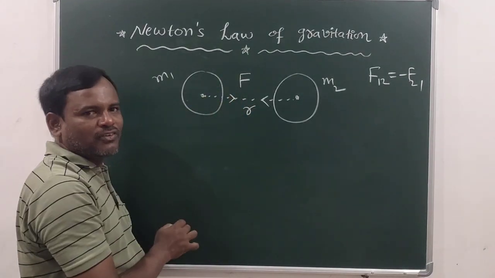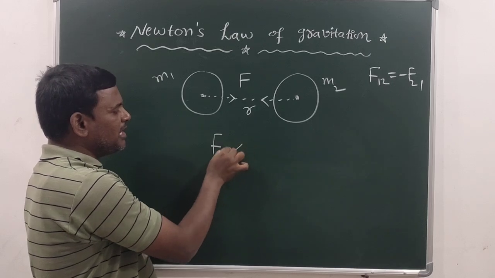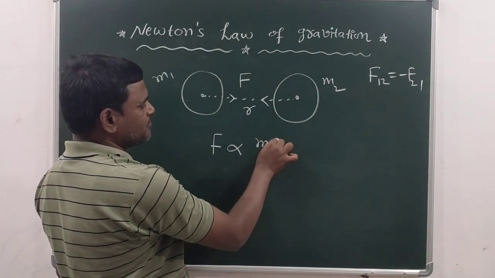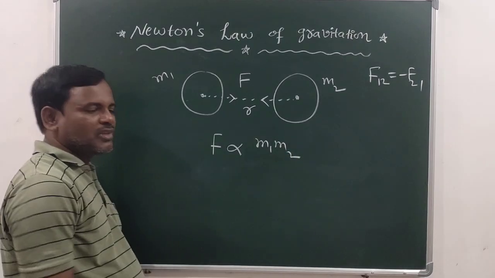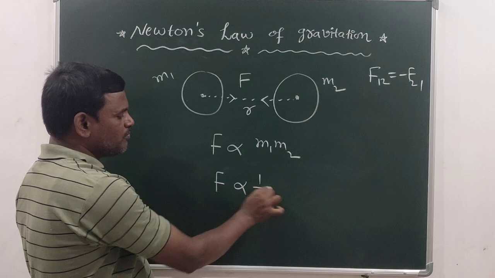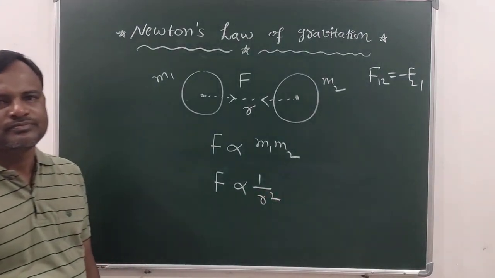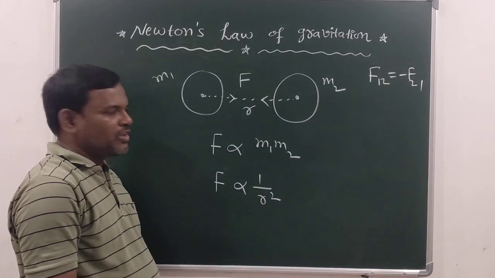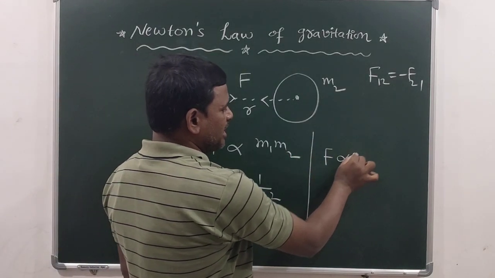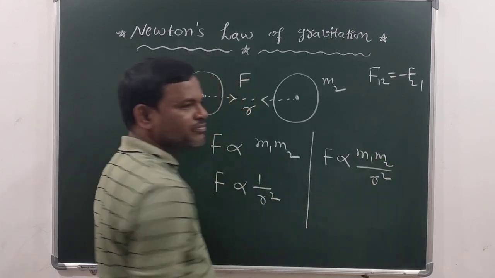This central force or gravitational force is directly proportional to the product of two masses, and this force is inversely proportional to the square of the distance between them. If you put the two together, you get F is directly proportional to m1 into m2 by r square.